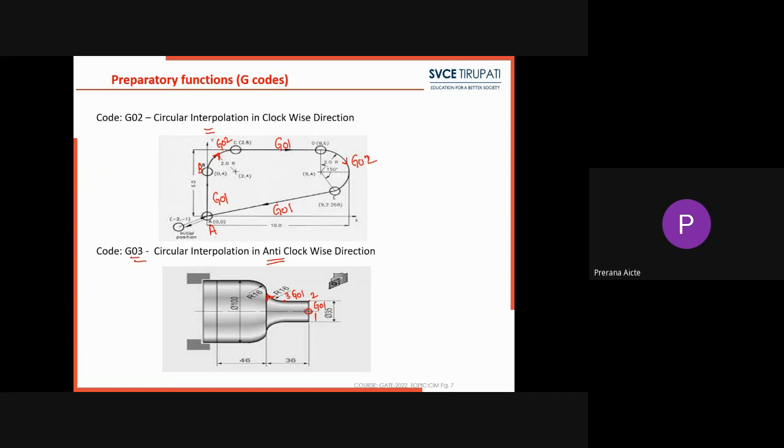Here there is a fillet from point 3 to 4, but the cutting tool has to be instructed to move in an anti-clockwise direction. So we have to guide the cutting tool with G03 so that it moves in an anti-clockwise direction.